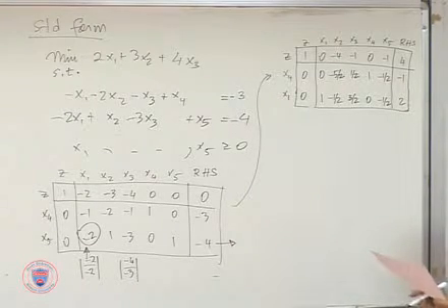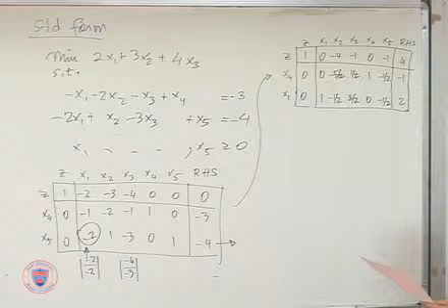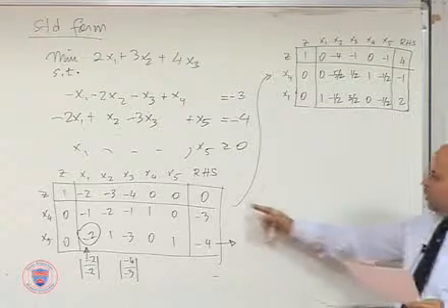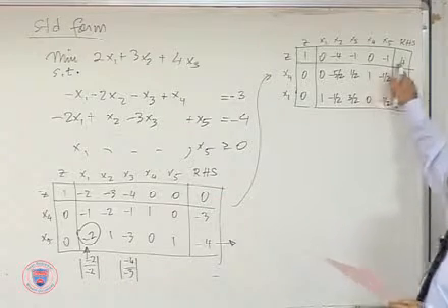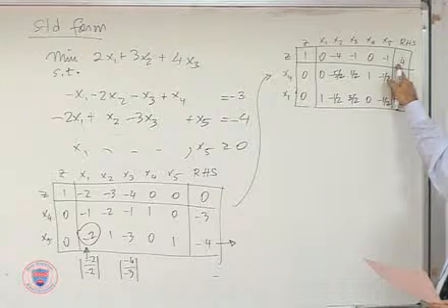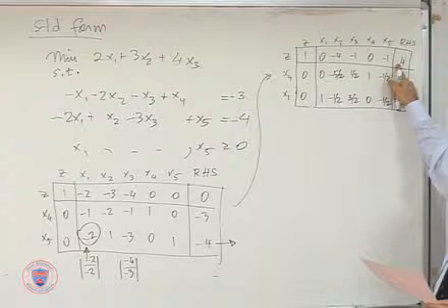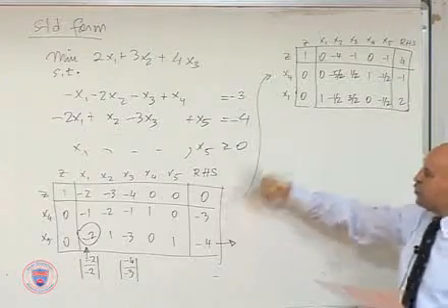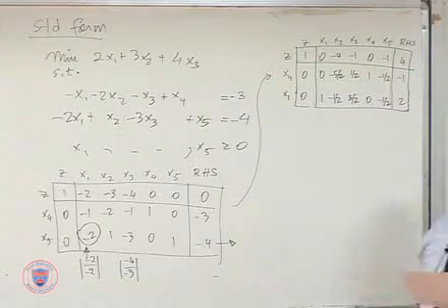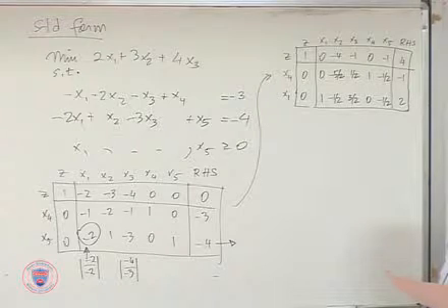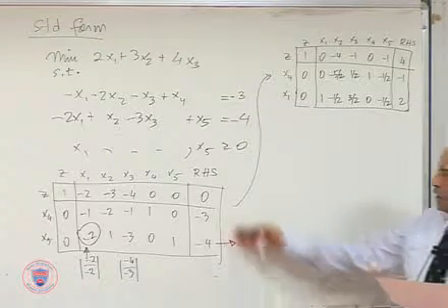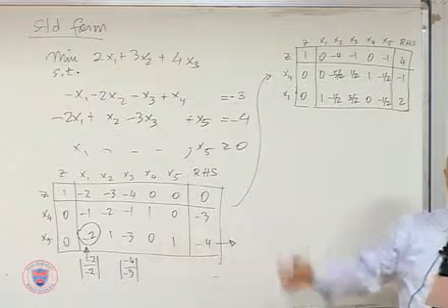Okay, this is what we have. Meanwhile, the objective value went up from 0 to 4. Even though we're trying to minimize, we're getting worse in the objective value. Why is that true? Because in the initial solution, you're outside of the feasible region.